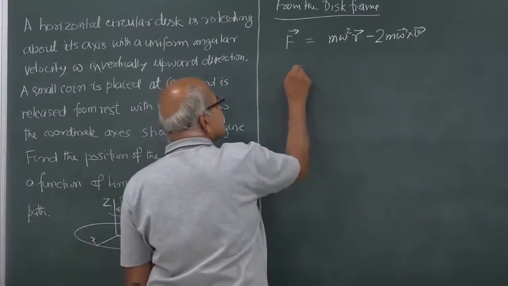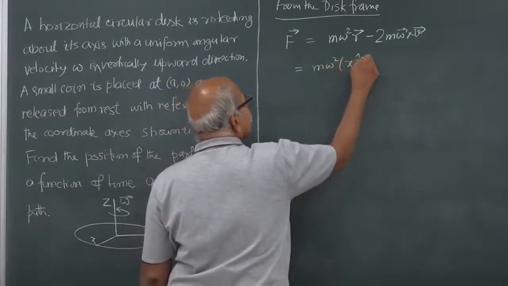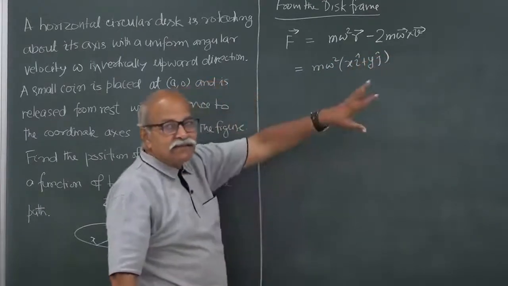So, this we write as m omega square times x i cap plus y j cap. I am writing at a general time t.